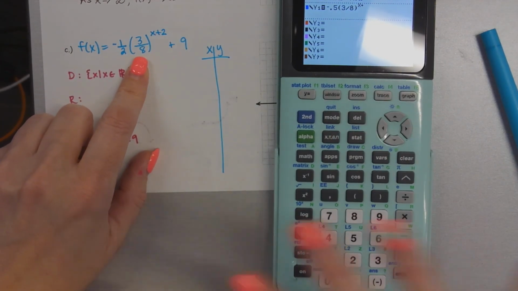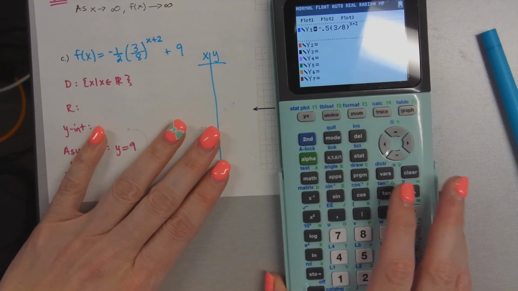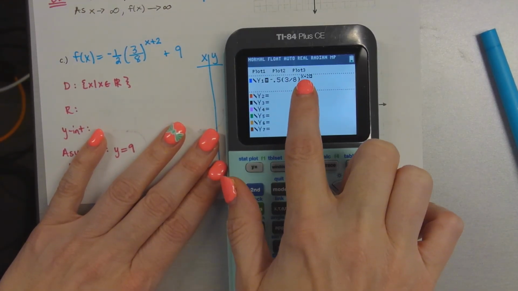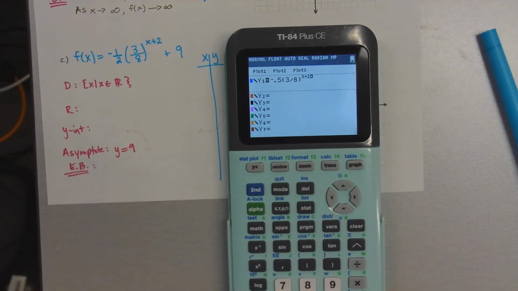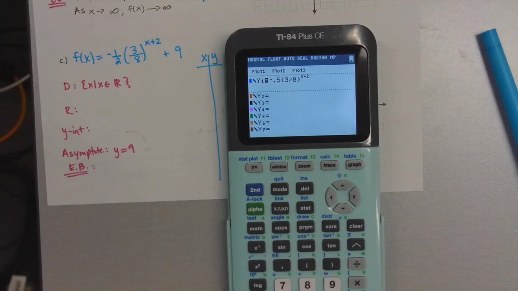Okay, if you want the fractional answers, then that's okay. You can use that fraction. And with some of the calculators, if it gives you like that little caret for the exponent, then that exponent is going to have to go in parentheses. Okay, and then take a look at the table and let's pick out some values.